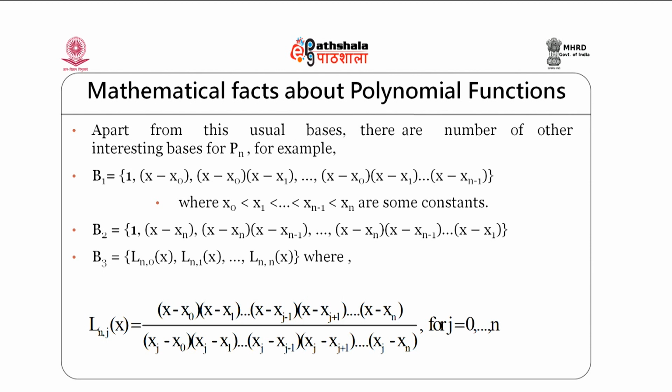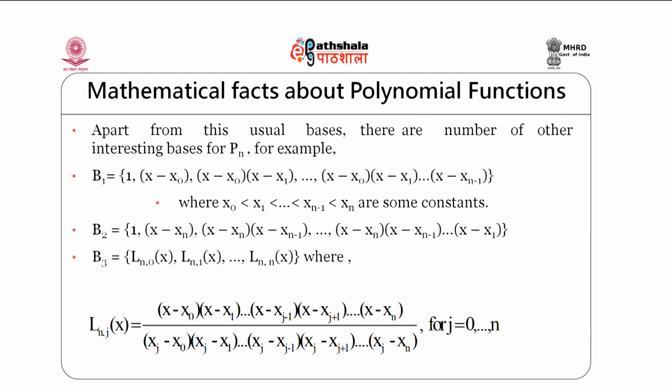Apart from the usual basis, there are a number of other interesting bases for P n. For example, we consider another basis, say B 1, which is given by 1 comma x minus x 0, then x minus x 0 into x minus x 1.